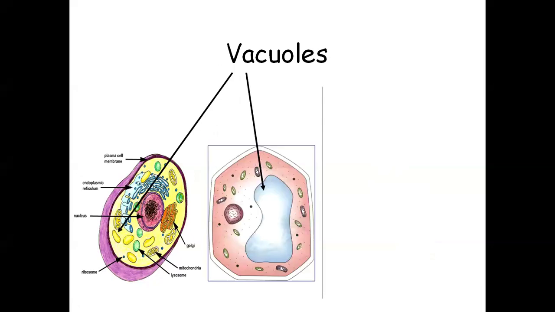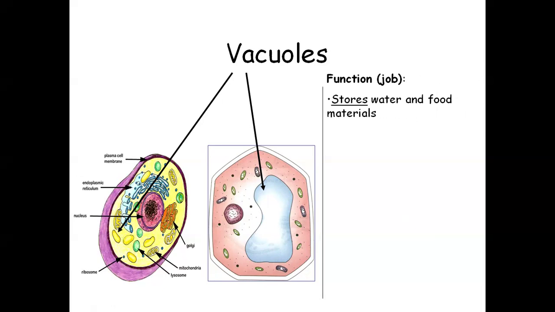And now it is about the vacuoles. Many number of vacuoles will be there in the cells. It will be fluid-filled sac that floats in the cytoplasm.